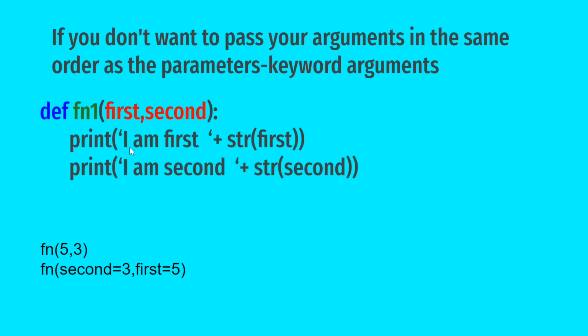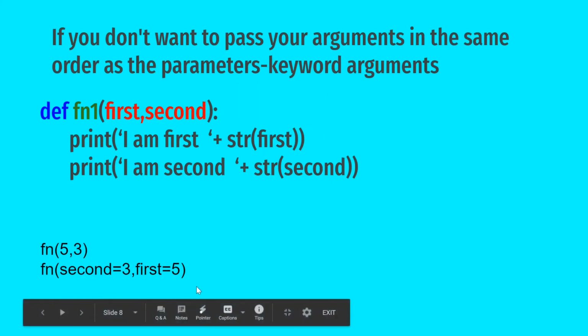And then when it's printing, it will print the same way it printed for the earlier function call. I am first will be 5 and I am second is 3. So in this you can see the order is different, but because I'm using a keyword and an argument, I will be able to achieve the same result without having to send the arguments in a particular order.